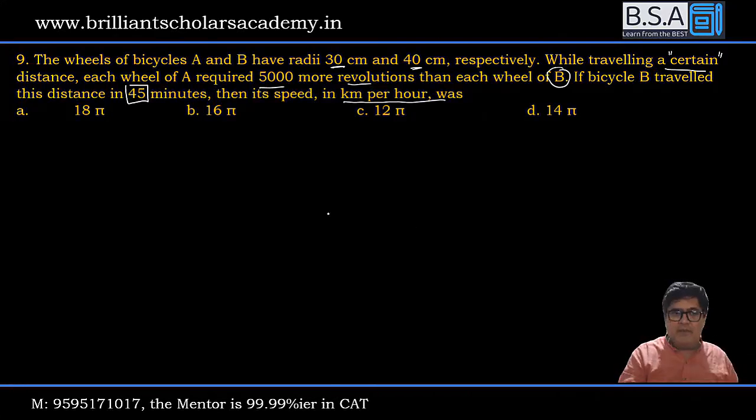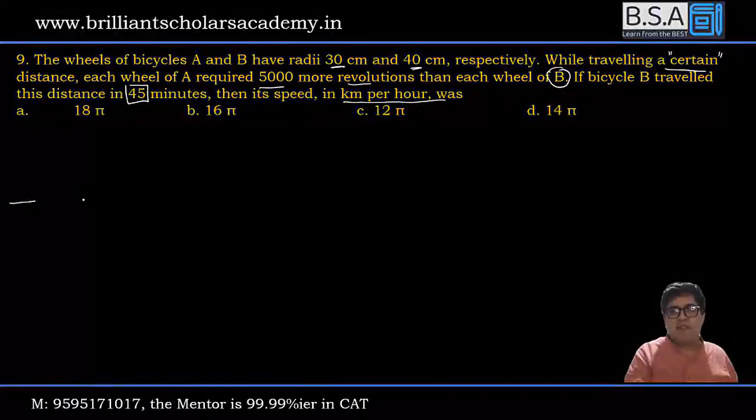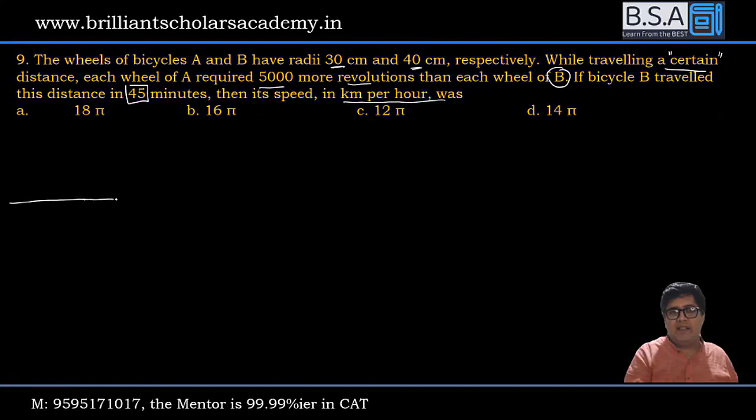Now imagine that this distance is to be covered. I'm drawing a line here. This distance is to be covered by two cycles. One cycle has a smaller wheel and one cycle has a larger wheel. See, a smaller wheel means it will have to rotate more number of times.